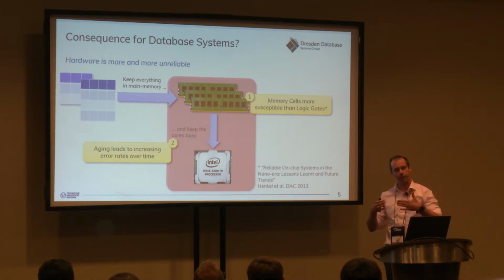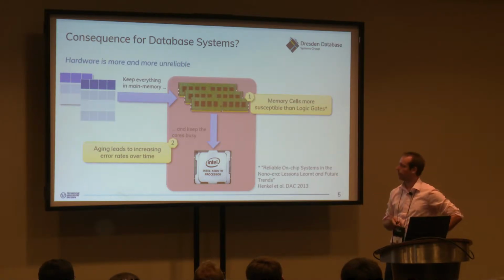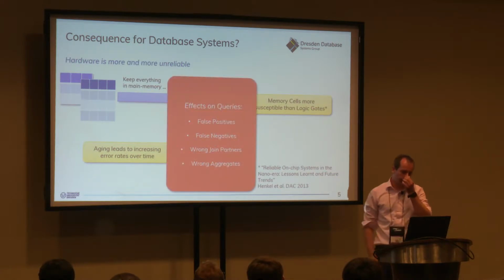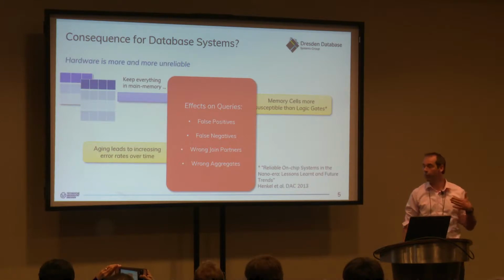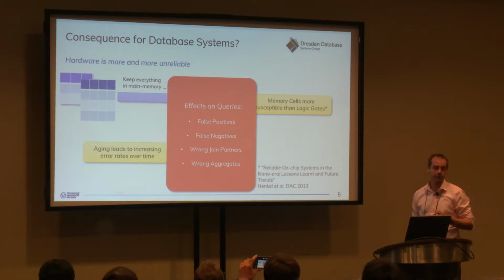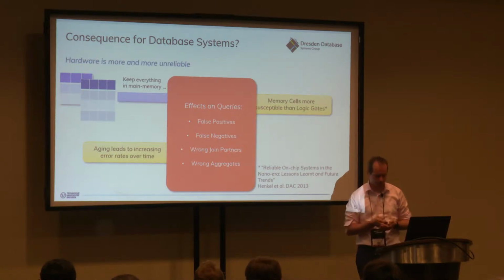During the lifetime of our server system, the number of bit flips will just increase, and also the rate at which they happen. And for query processing, this will mean that in our queries we'll have false positives, false negatives, wrong join partners, and wrong aggregates. So we have to do something here.